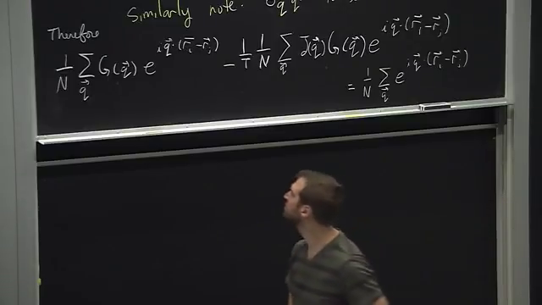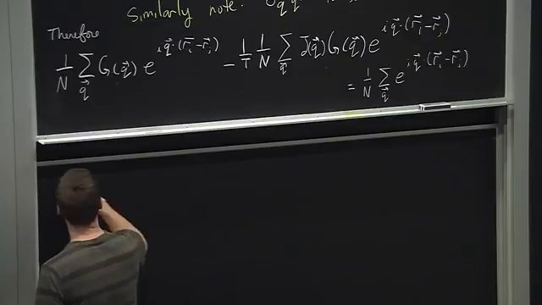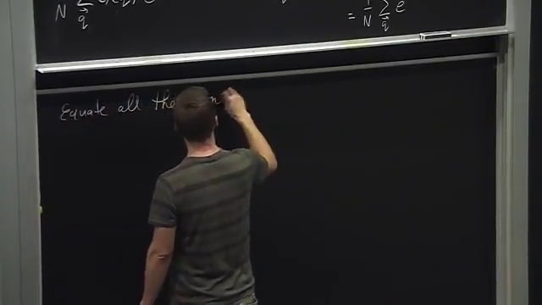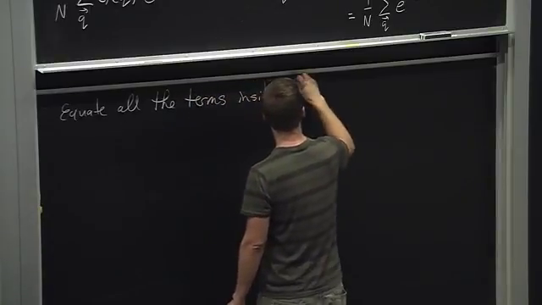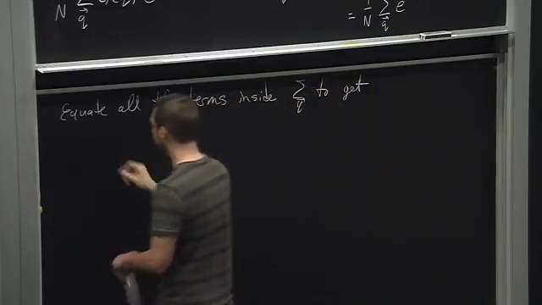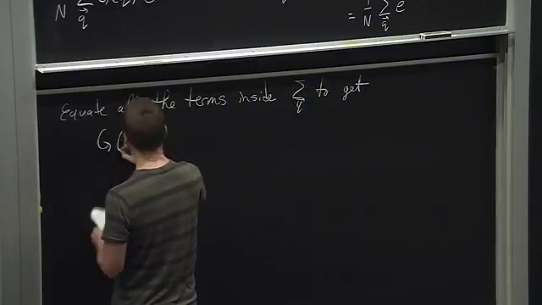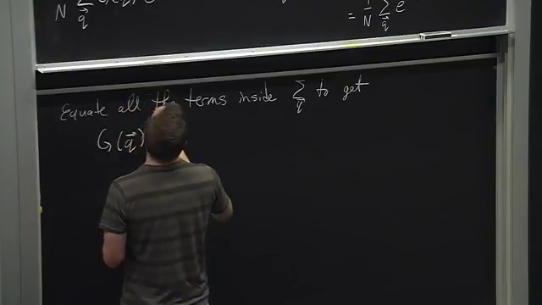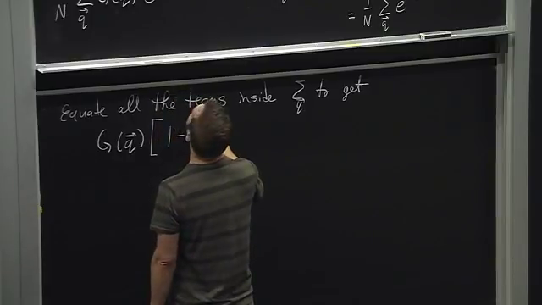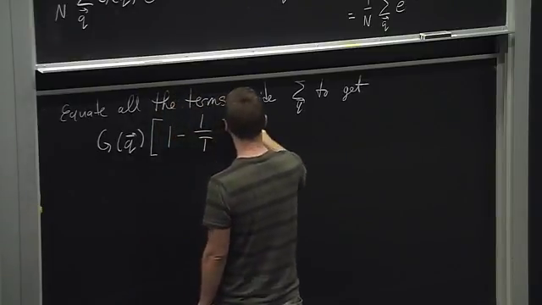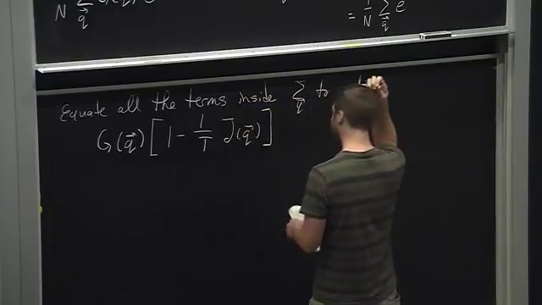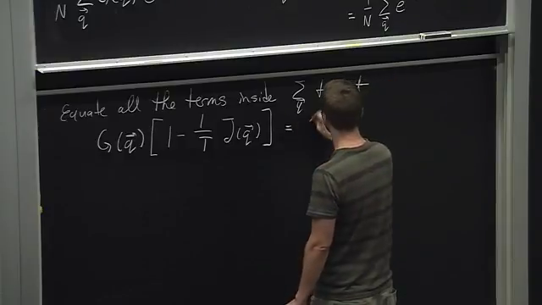Make sense? Q. Okay, so let's see, 1 minus 1 over t JQ just equals 1.